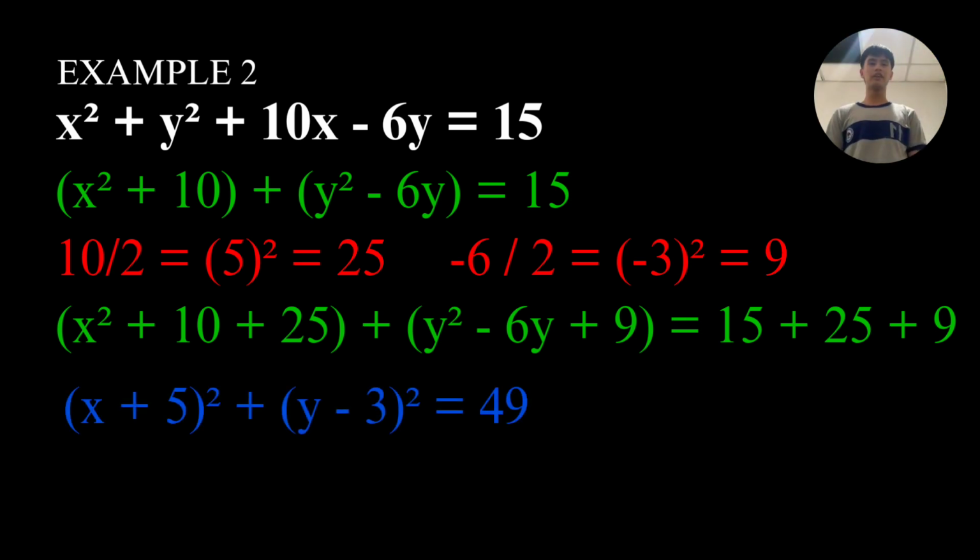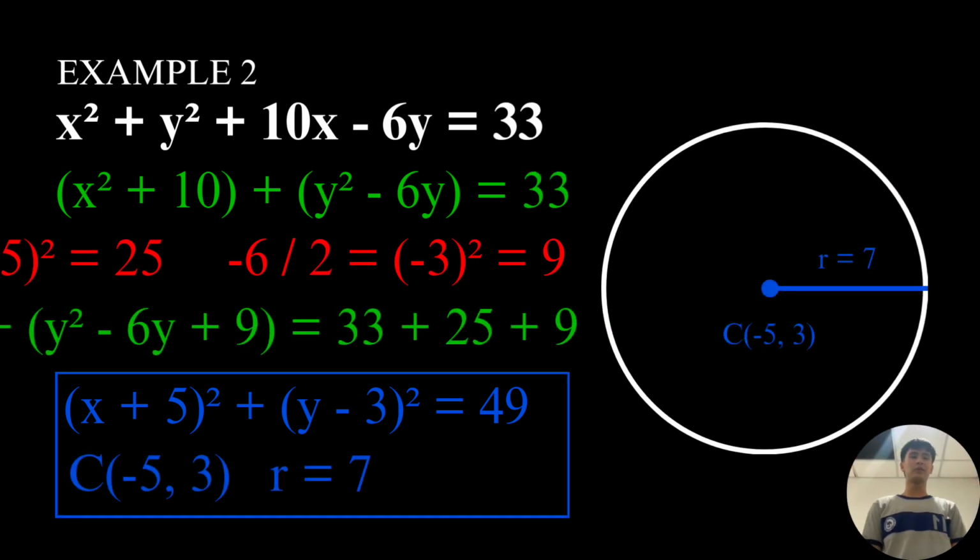We then again use the numbers inside the parentheses from the square of the binomial procedure, making our final standard equation (x + 5)² + (y - 3)² = 49. Finding the circle center and radius, we again invert the signs of 5 and negative 3, making the circle center at (-5, 3), and the radius 7 units from the center, the square root of 49.